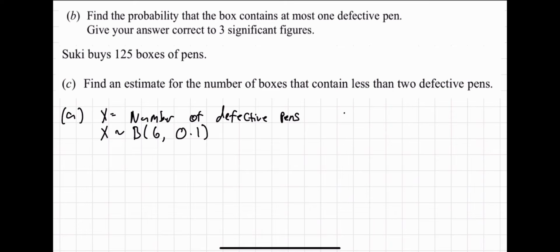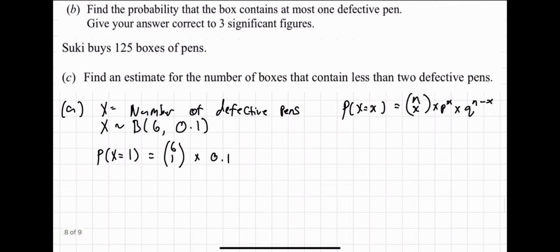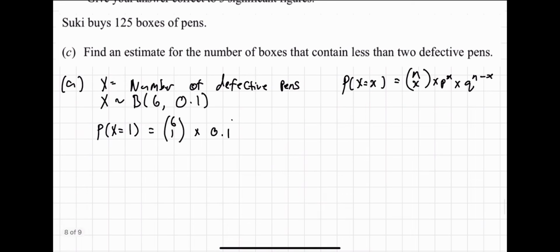So remembering the formula, the probability of X equaling x is n choose x times the probability of success to the power of x times the probability of failure to the power of n take away x. So the probability of exactly 1 defective pen is 6 choose 1 times 0.1 to the power of 1 times 0.9 to the power of 6 take away 1, which is 5.